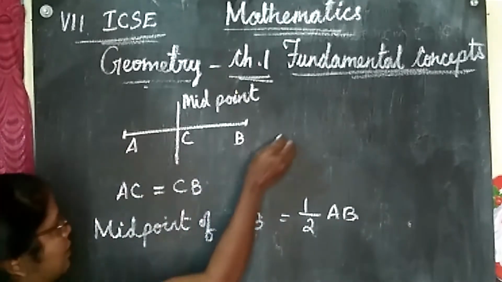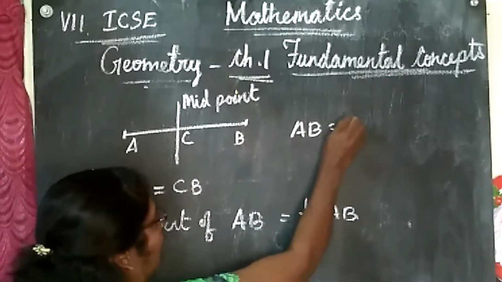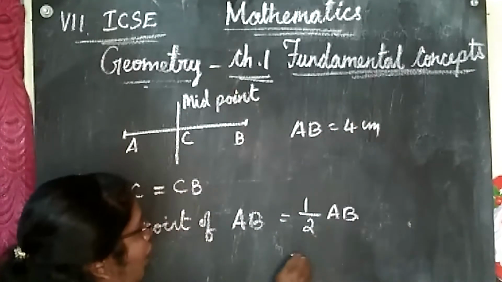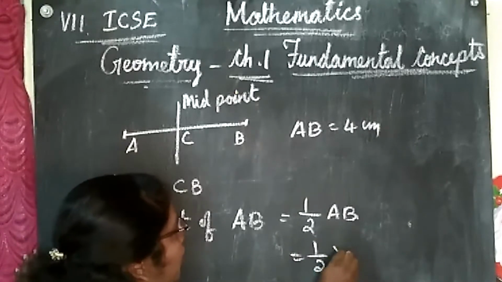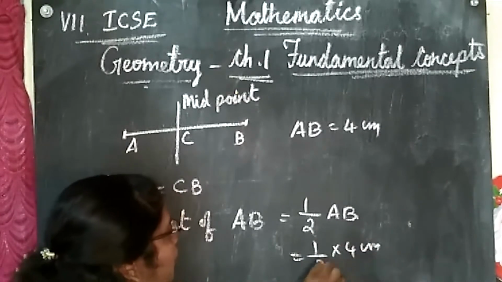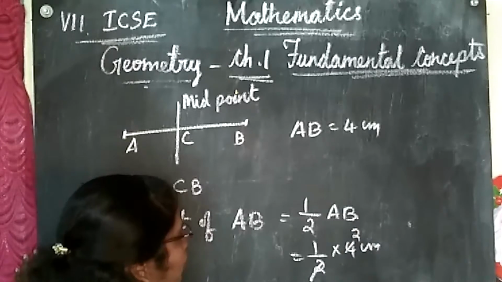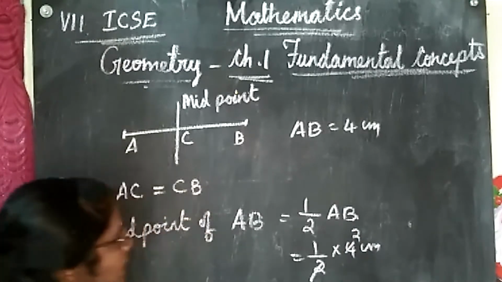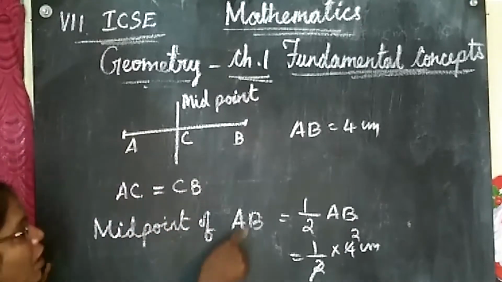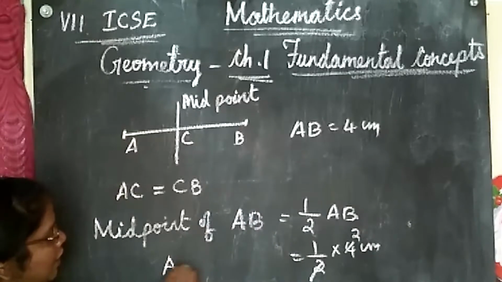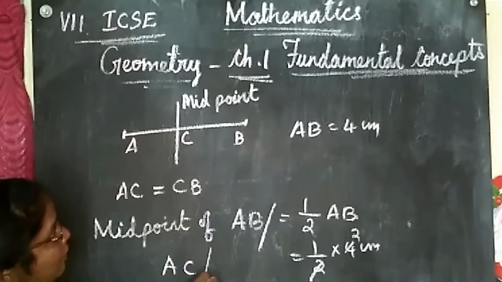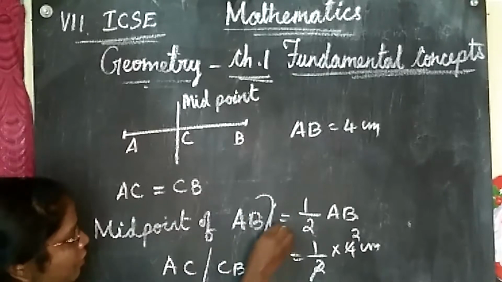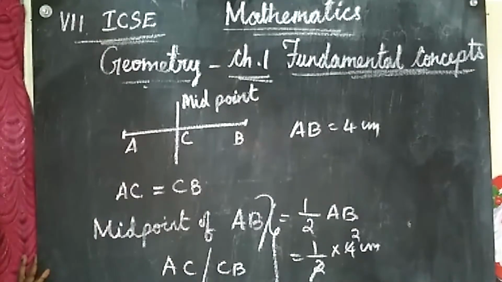Suppose AB is equal to 4 centimeter, then half of 4 centimeter, 1 times 2 is 2 centimeter, is the midpoint of AB. This can be written as AC, or this can be written as CB. Both give the same value.